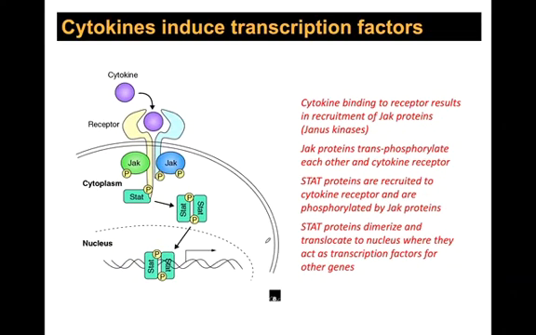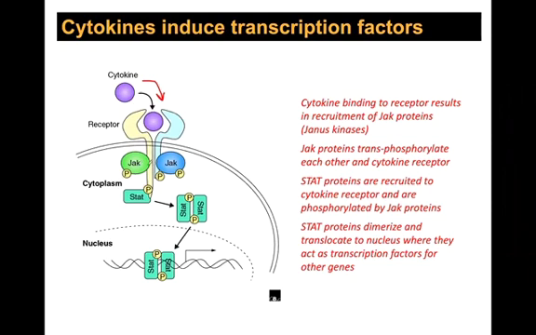Okay, so if we go back to cytokines, it's important to think about how these work. Most of the cytokines that we'll talk about today work through the JAK-STAT pathways. So the cytokine will bind to the cytokine receptor on the surface of either the dendritic cell or the T cell. That recruits the Janus kinases.